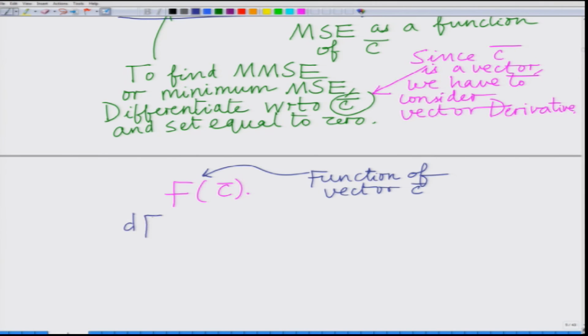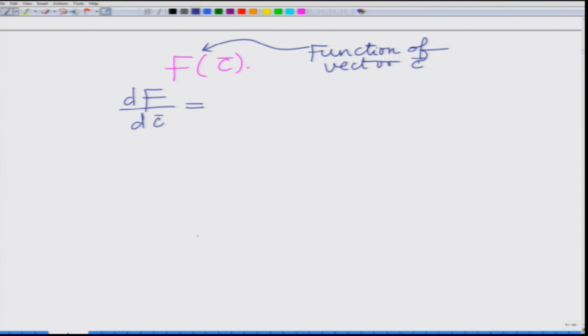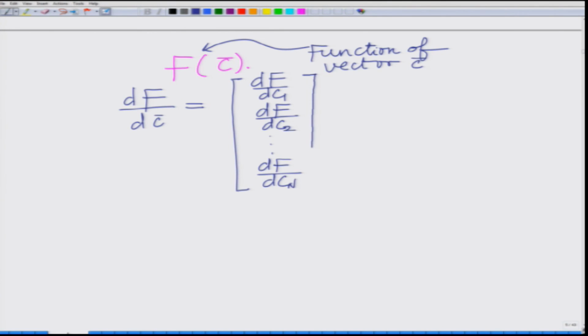Then the derivative of f with respect to C bar equals, well, this is equal to df by dc1, df by dc2, and so on, up to df by dcn.